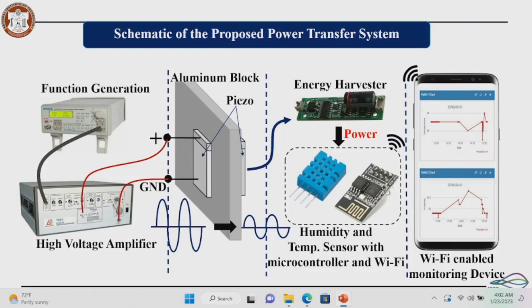We have used the ES300 energy harvester. The ES300 has the capability to take very, very low frequencies and low power, okay, and store it in the inbuilt capacitor. Once it has reached a level where it can give supply, it will not give supply at first. It will just store the power. Once it goes beyond a certain level, it will start giving 3.3 volts continuously, until it goes below the threshold level.